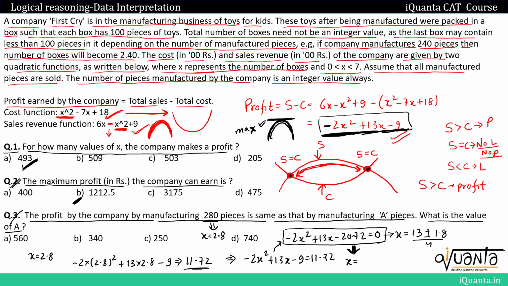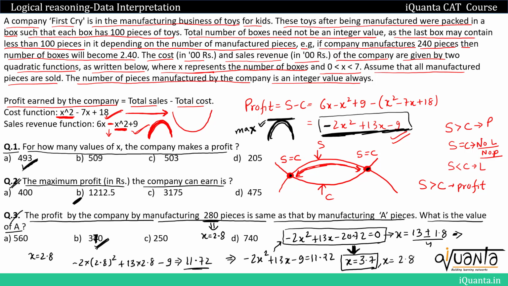So one of the values of x will be 3.7 and another value of x will be 11.2 divided by 4, which gives us 2.8. So very clearly, for x equal to 3.7, the profit will be same as for x equal to 2.8. So the answer will be 370. Let me correct this. This is 370. So option B will be the correct answer.